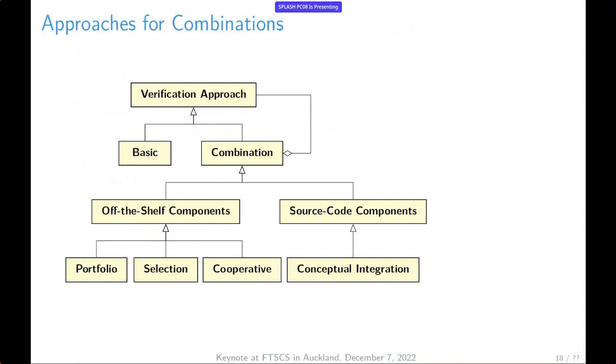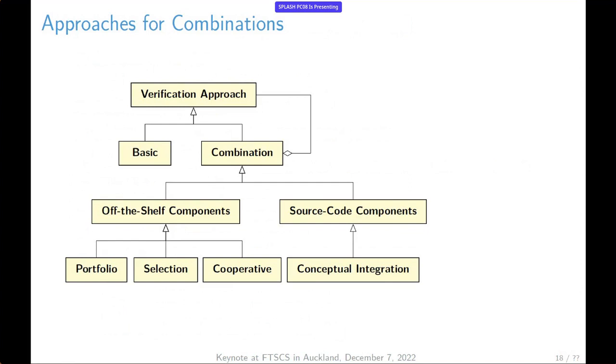And on the other hand, I have source code components where, for example, reduced product, or conceptual integrations, I go into the source code and integrate together several approaches. But here I have to program. On the right-hand side, in the source code components, I have to program. I have to invest development effort. And on the left-hand side, we have combinations that we can achieve without programming inside the verification tools.